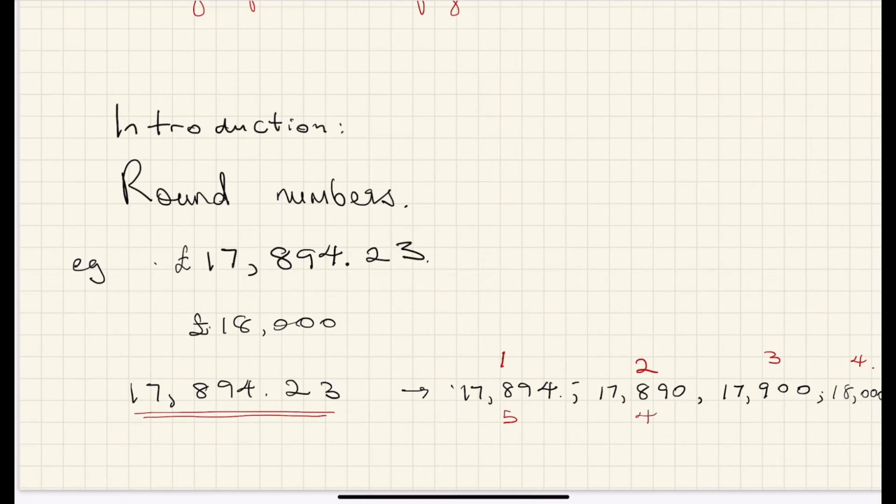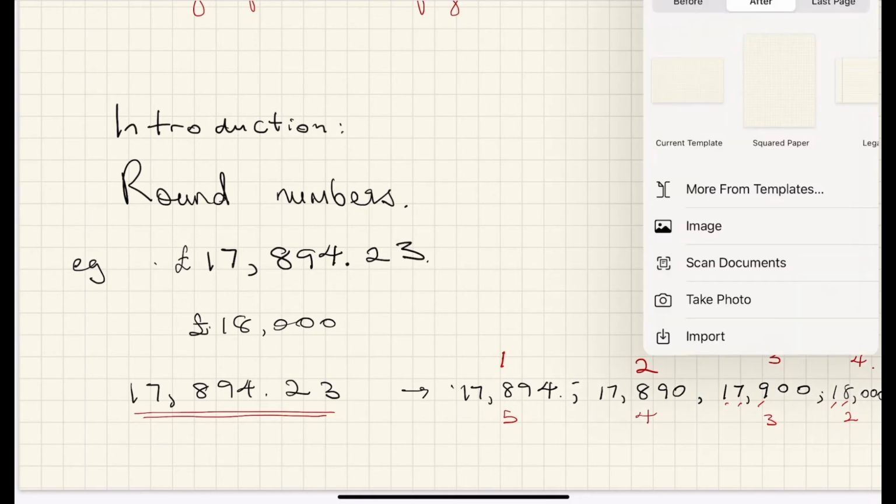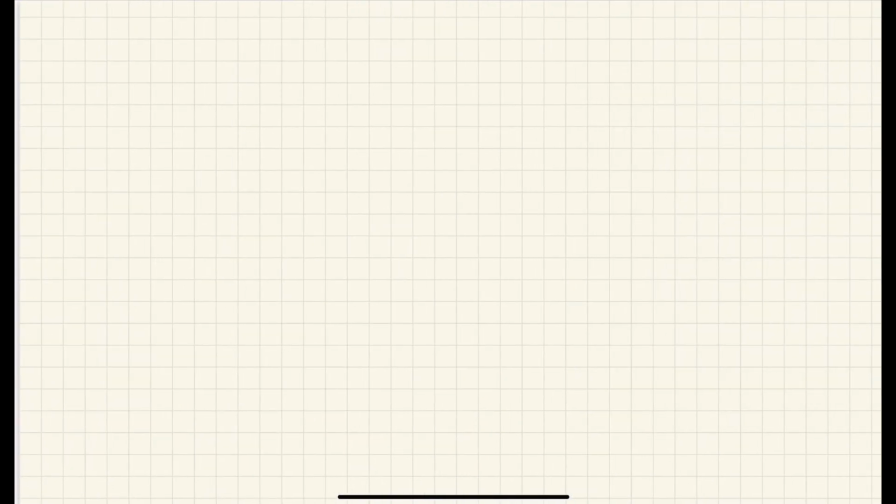Here I have 4 significant figures. Here I have 3 significant figures because 1, 2, 3. Here I have 2 significant figures because 1, 2. Okay. So that is basically what significant figures are about.